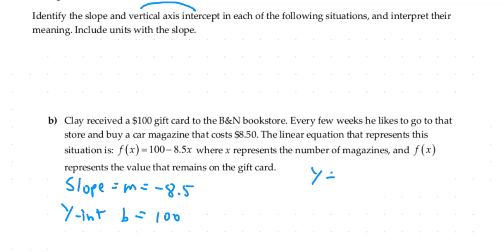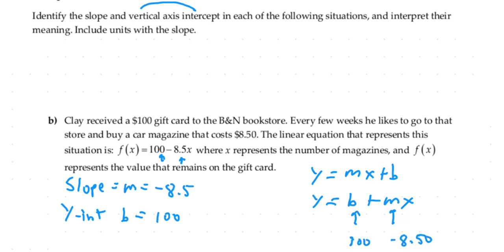Now I know you're used to y equals mx plus b, but you can also write y equals b plus mx. So in this case, the m is the negative 8.50, and the b is the 100.